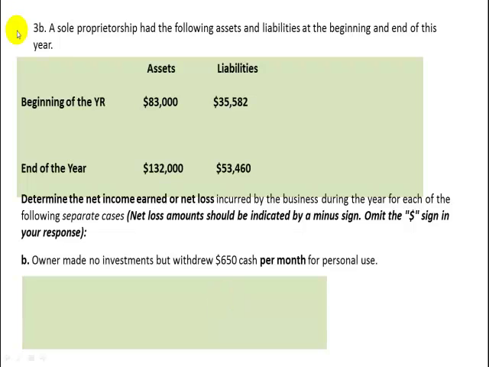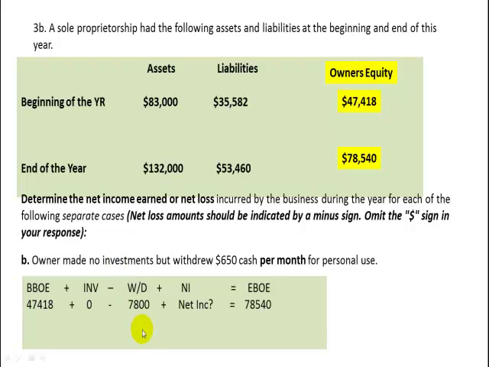3B is the same problem, except this time the only change is that the owner withdrew $650 cash per month, and you have to assume it's for a year, for personal use. So we're going to do the same thing. We're going to plug in the beginning and ending owner's equity, using this student-developed formula. Plug in what we know.